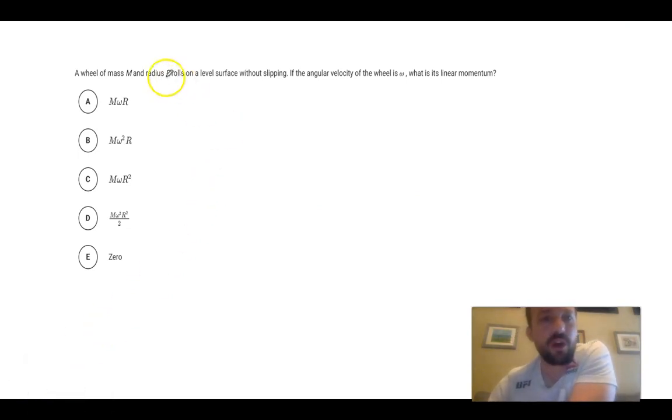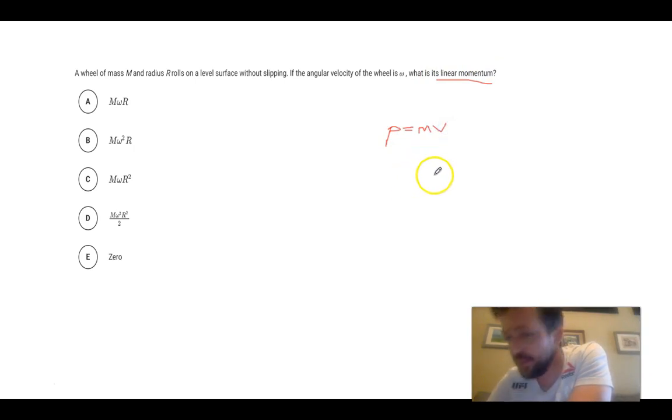Okay. A wheel of mass m, radius r, rolls on a level surface without slipping. If the angular velocity is omega, what is the linear momentum? Okay, it wants a linear momentum. Remember, momentum is mass times velocity. We did several units on it. Mass times velocity. What we have here is the angular velocity is omega, right?